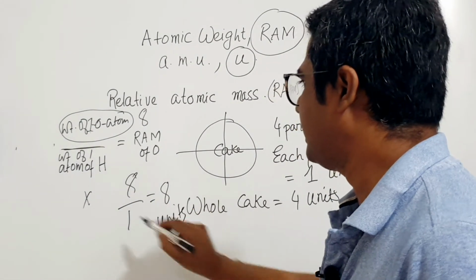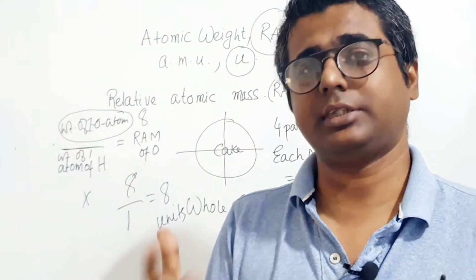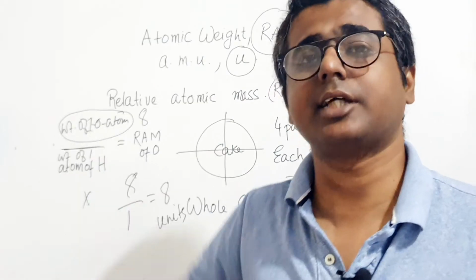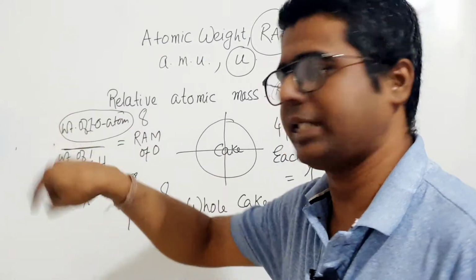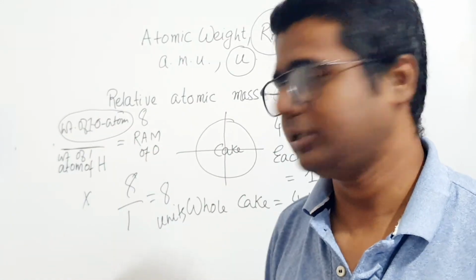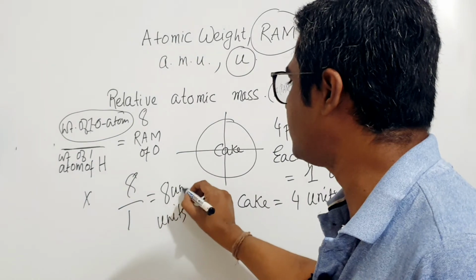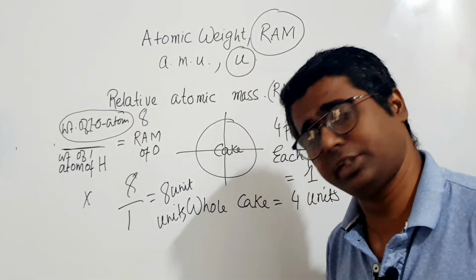Okay? In this, hydrogen is 1 cake, and I give you an oxygen atom which has 8 such cakes. So, oxygen's weight is 8, hydrogen's weight is 1, 8 by 1, you can write that 8 units. Okay. So, they did it with hydrogen as a standard.